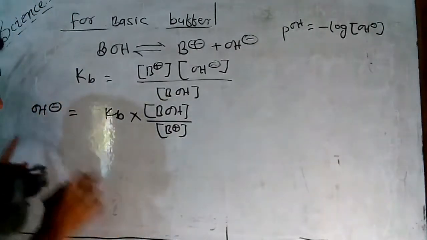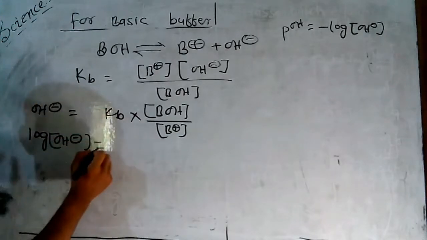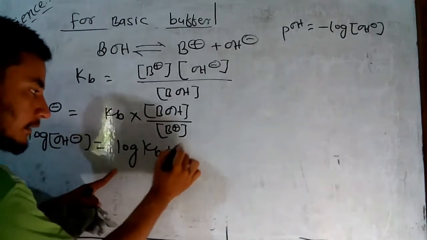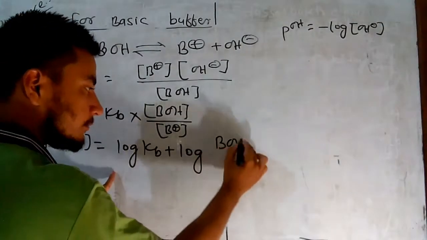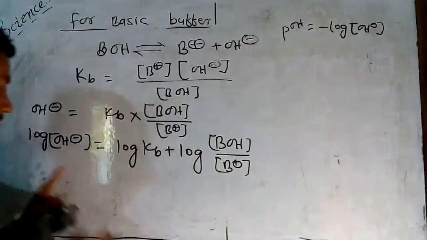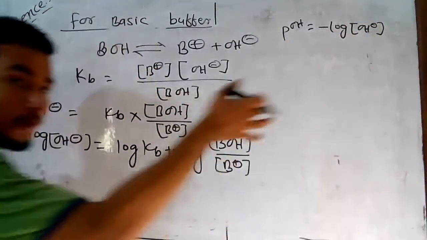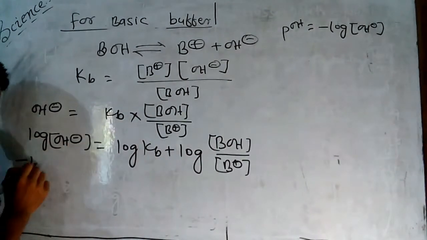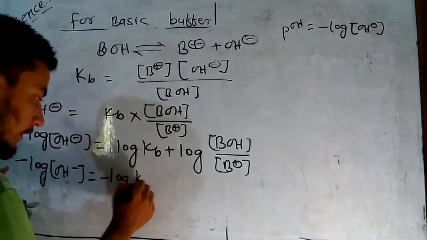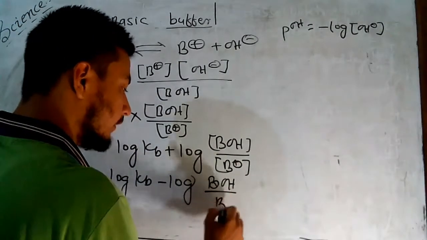Taking log on both sides, log OH minus equals log Kb plus log BOH by B plus, using the direct formula log A into B equals log A plus log B. Since pOH equals minus log OH minus, taking minus on both sides, minus log OH minus equals minus log Kb minus log BOH by B plus.